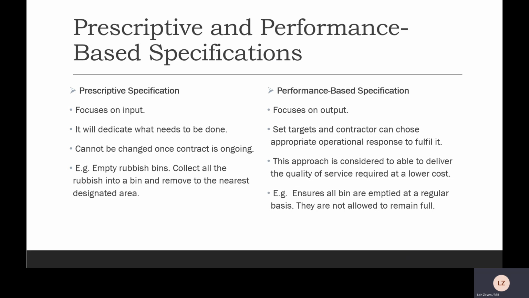For performance-based specification, because the bins may be full at any point of time, you cannot use prescriptive specifications, because that only happens. It's just a standard thing. You have the empty rubbish bin, but this one you have to ensure that all rubbish bins are emptied on a regular basis, because it's not like every day at 3 o'clock the rubbish bin is full.